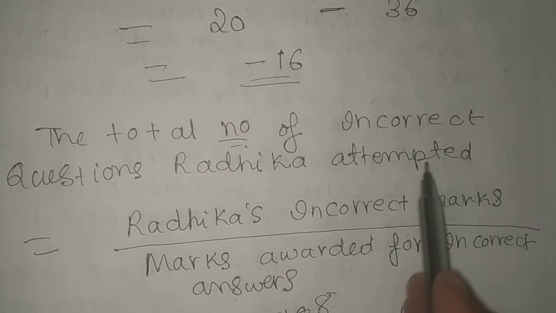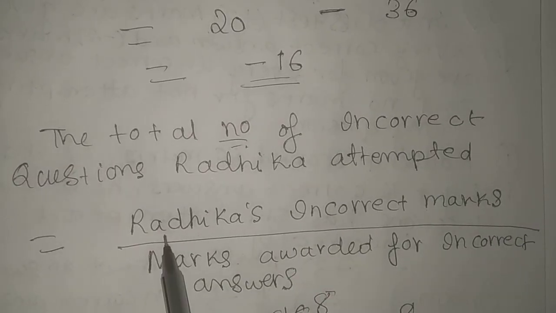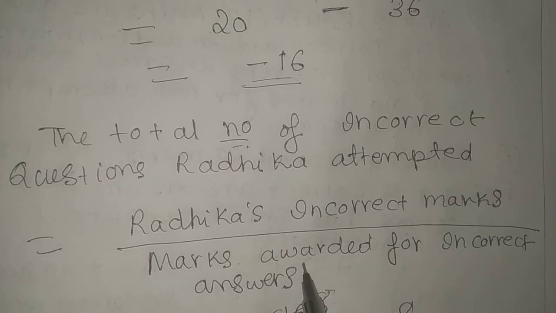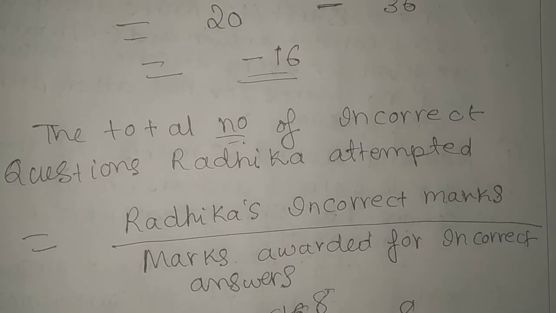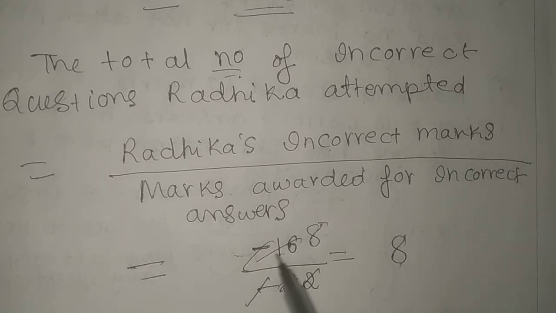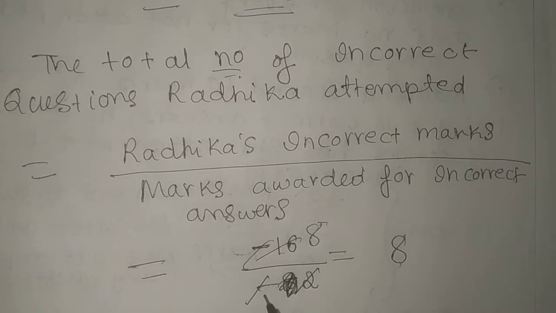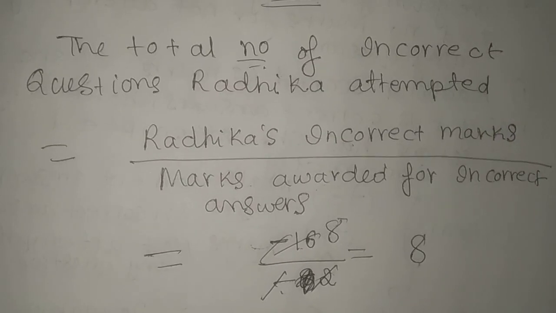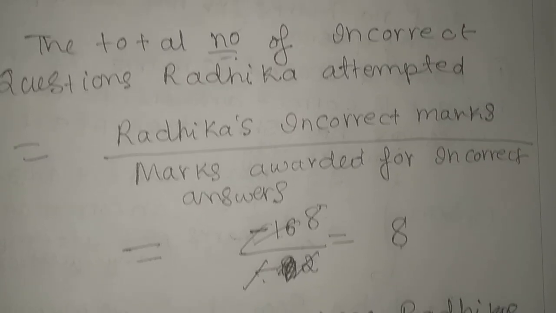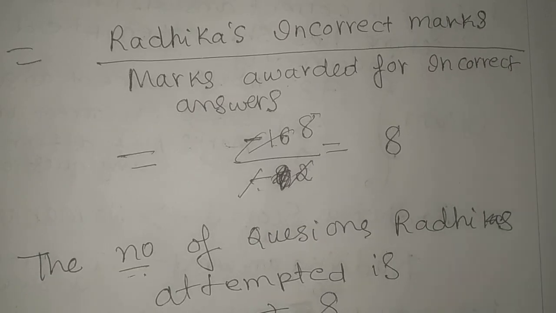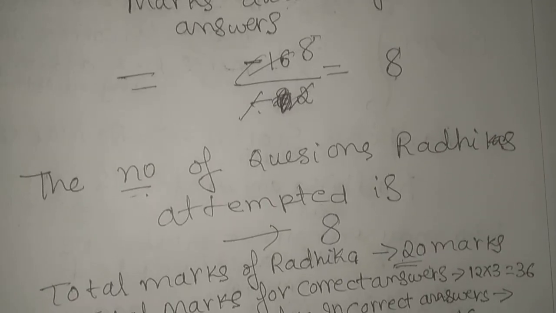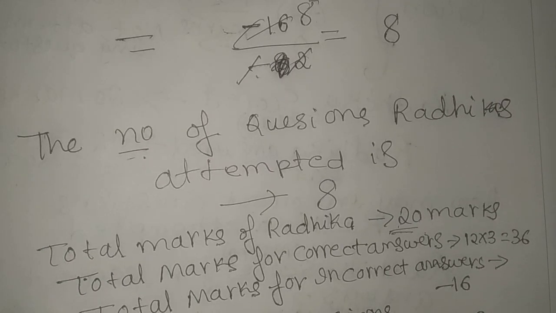The total number of incorrect questions Radhika attempted is her incorrect marks divided by marks awarded for an incorrect question. So minus 16 divided by minus 2; cancel the negatives, and we get 8. Therefore, finally, the number of incorrect questions by Radhika is 8. So this is the solution for question 6, first one.